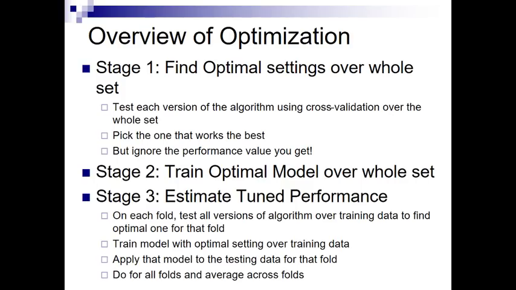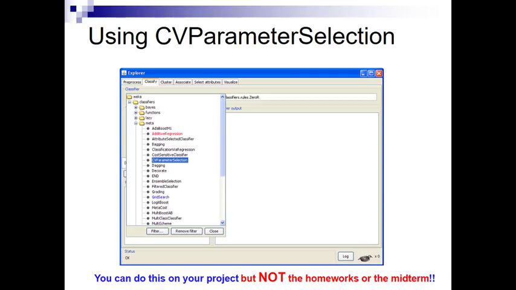So we've already gone through the 3 stages of tuning, and we're going to do that here in CV parameter tuning or CV parameter selection as well. So first we're going to pick the CV parameter selection meta classifier from the meta folder.